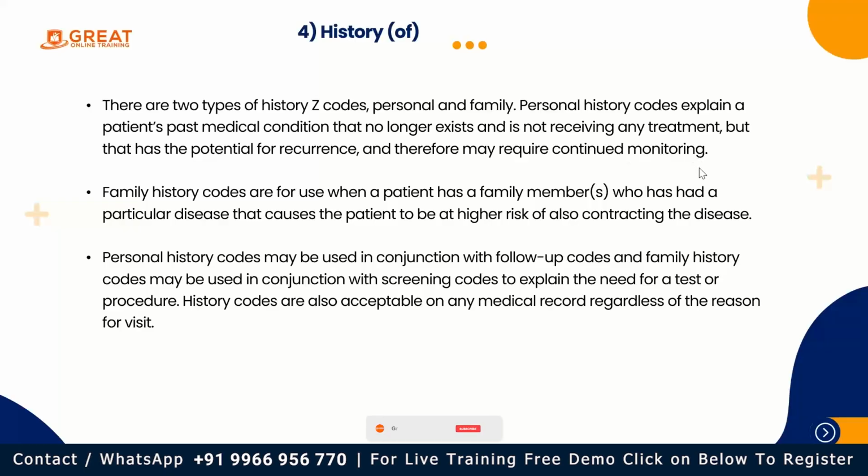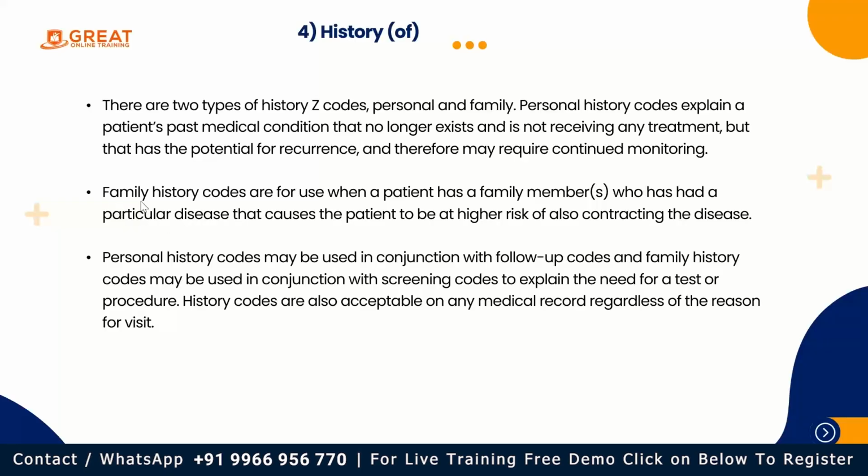So we have to use a personal history code only when that particular medical condition no longer exists, or the patient is no longer receiving any treatment related to that condition, but that condition has potential for recurrence and therefore we need to monitor that patient. That's why we need to assign a personal history code.